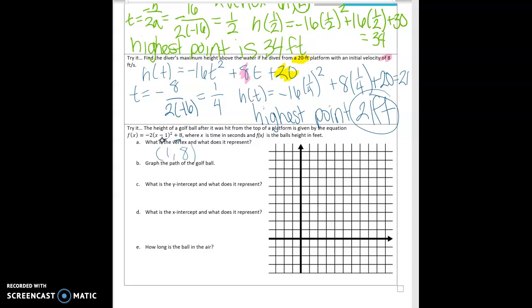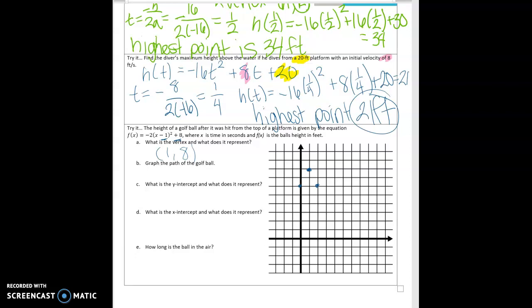Then it says, graph the path of the golf ball. So 1, and then up 8. 2, 4, 6, 8. So right here. And then we can see the dilation is 2, and it's negative, so it's going to be going downward. And it's going by 2 for the next ones. And then we need some more points on where it's going to hit.